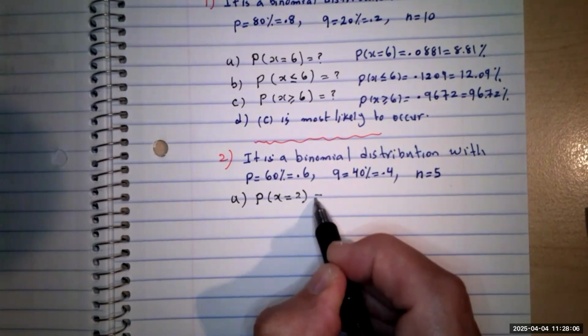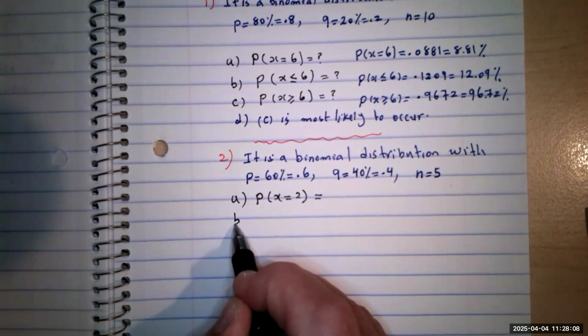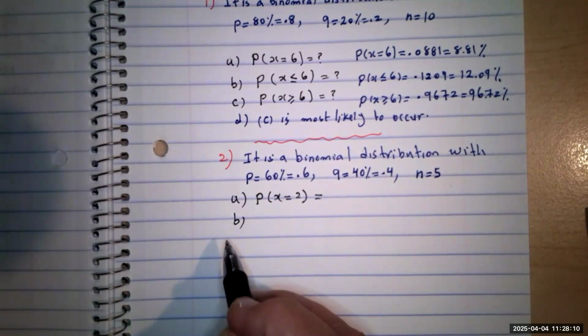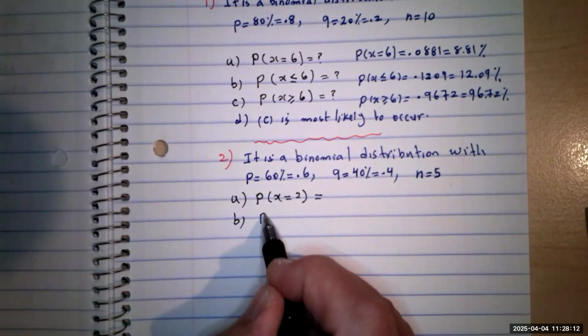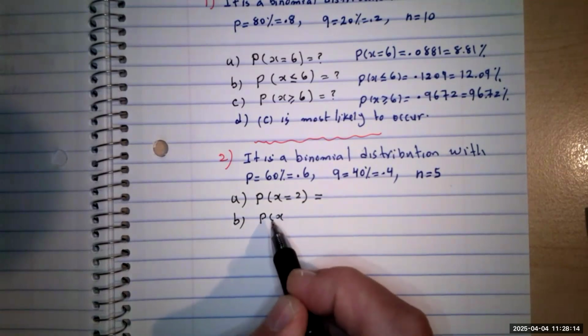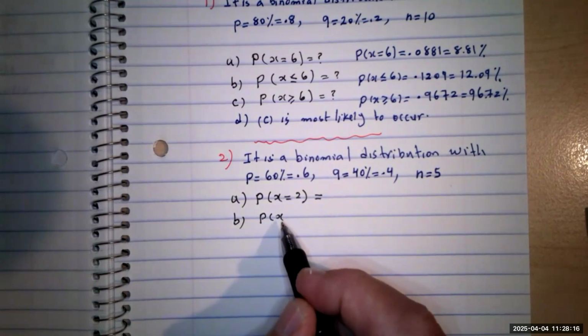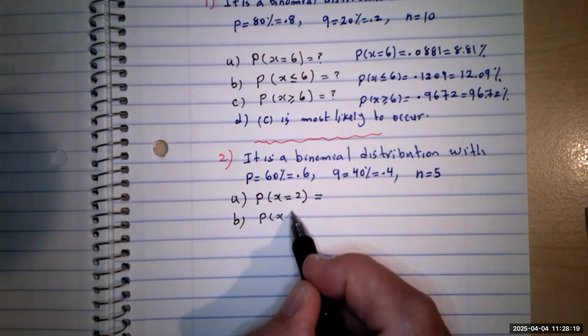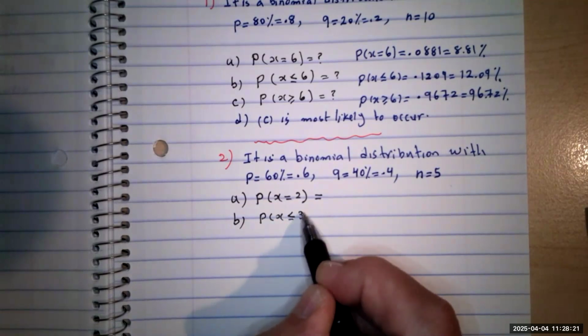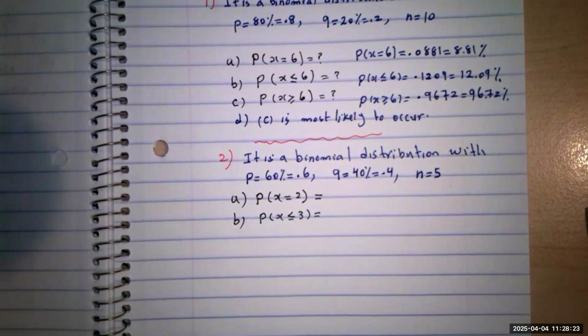In the second part, you want to know at most 3. What is the chance that you get at most 3 people to agree with you? So it's going to be X less than or equal to 3. This means you may get 3 people, 2 people, 1 person, or none.